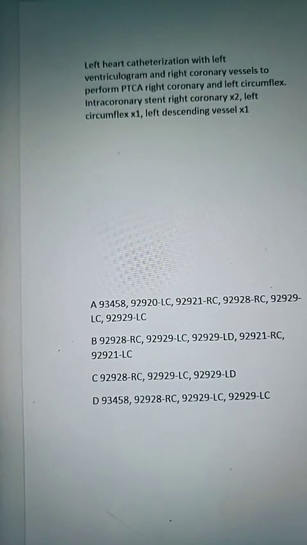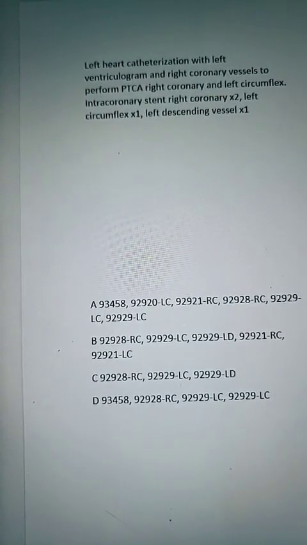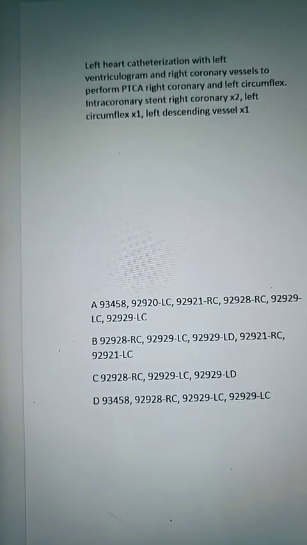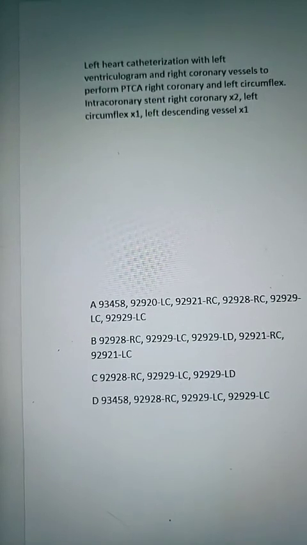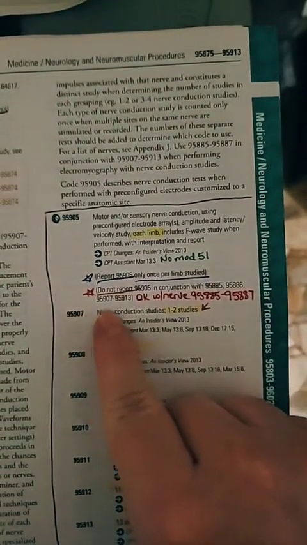What version of the book do you have, Connor? Oh, you're right, Connor. It is a parent code.